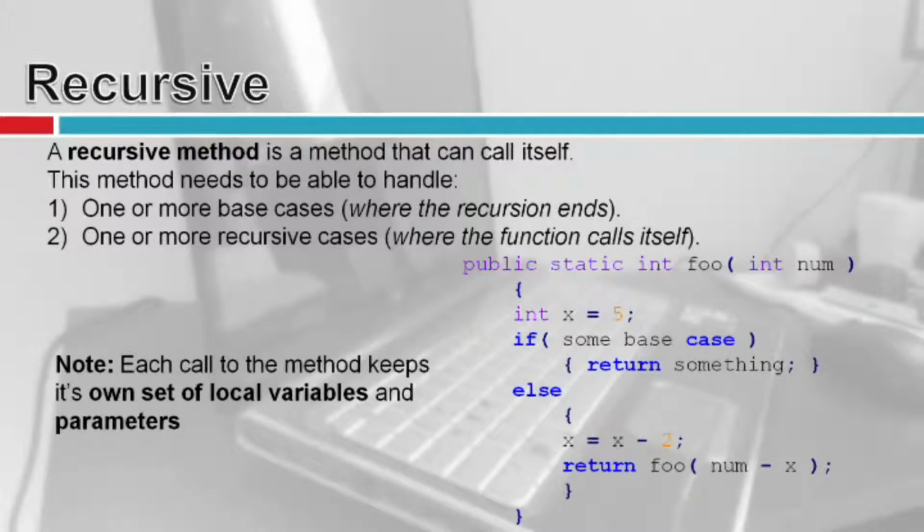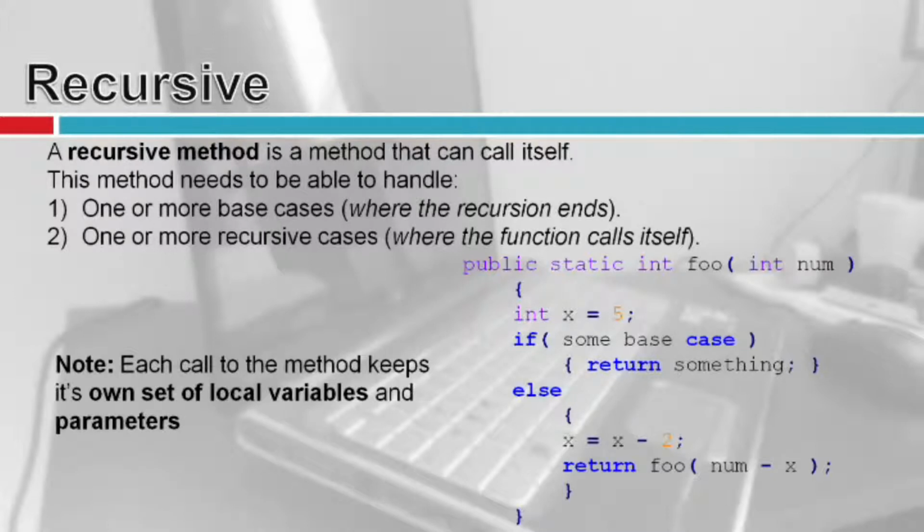When I come back into foo the second time, x is now 5 again, because it keeps its own copy of x. The previous version of foo has its own copy of x that got decremented by 2, so it's 3 back here in the previous version of foo. But as I come into the new function, I have a new copy of x, which is now set back to 5. So this is something to keep in mind.